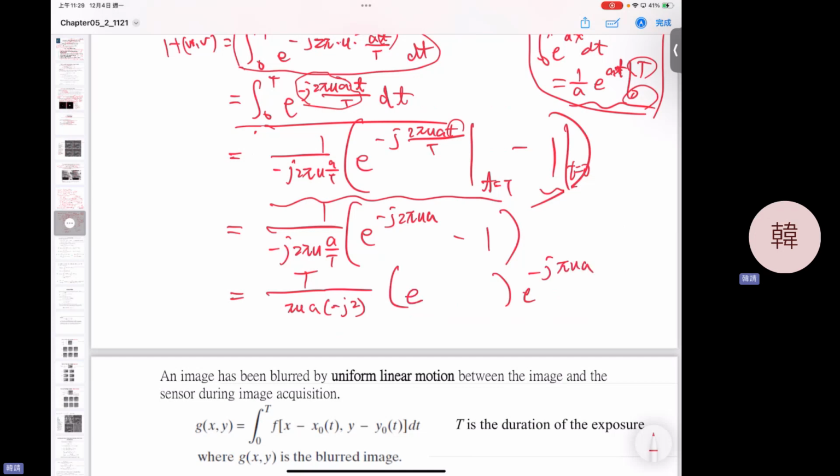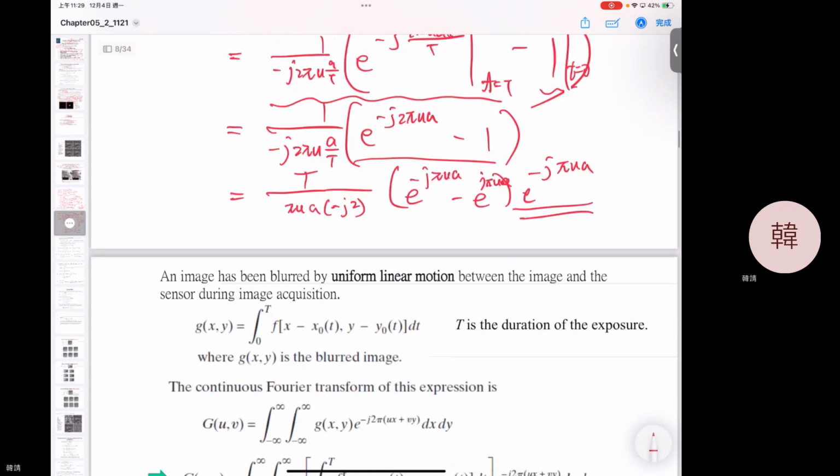So what do you get? It's minus j pi u a. This one should be positive j pi u a, right? So try to multiply this part and extract the similar component here. If you just multiply inside, you'll get exactly the same. And let's add one more page.